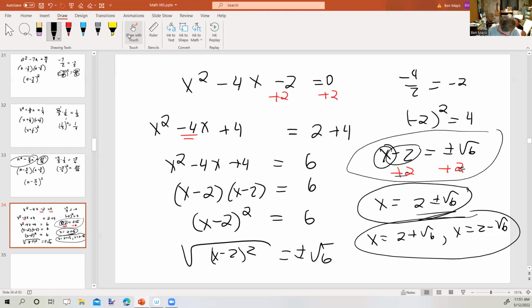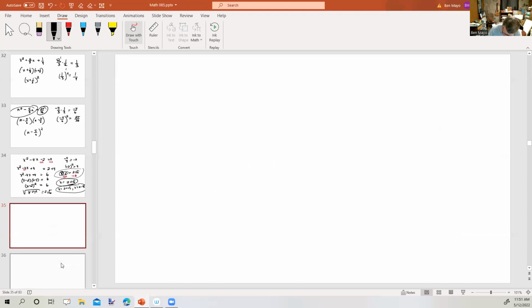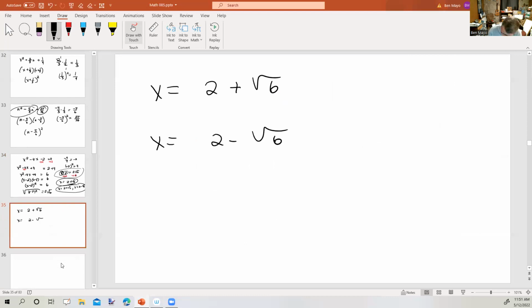Now, I want to take those two solutions and go to the next page. Because we're going to do an additional thing to these using a calculator. If you don't have a calculator handy, don't worry about it, but you'll need to use it when you're doing this assignment. It says, approximate each solution to the nearest hundredth.